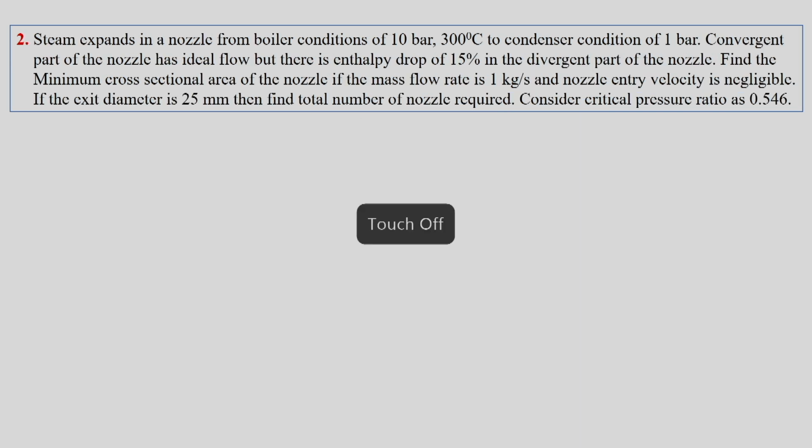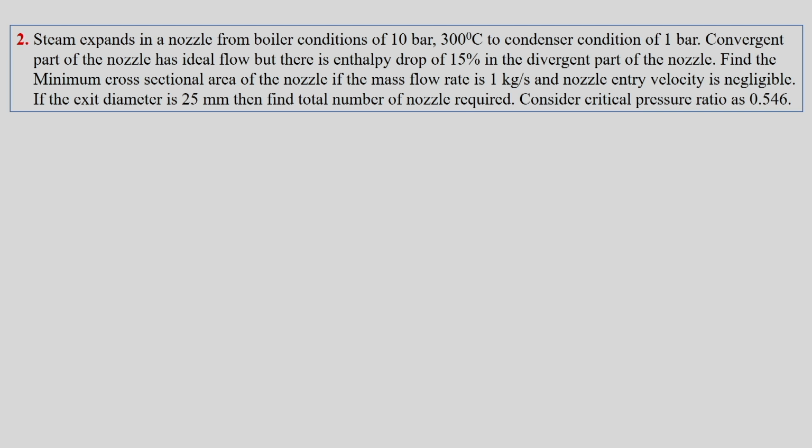Next example says that steam expands in a nozzle from boiler condition of 10 bar 300 degrees Celsius to condenser condition of 1 bar. Convergent part of the nozzle has ideal flow, but there is enthalpy drop of 15% in the divergent part of the nozzle.